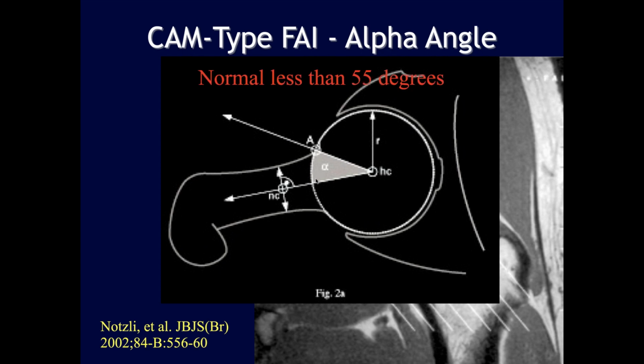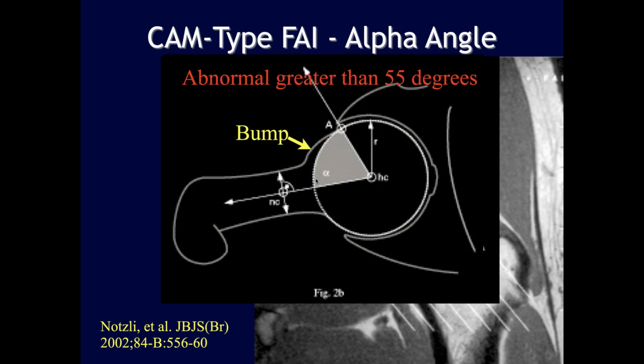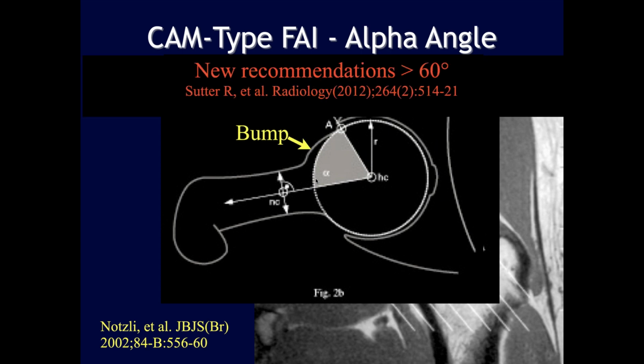Originally, it was thought that normal was less than 55 degrees, and abnormality was greater than 55 degrees. And then as people started looking at more and more individuals, they found that if you use 55 degrees, then the majority of the people who you will measure who will have abnormal alpha angles will be asymptomatic individuals. So this is probably too sensitive and not specific enough. So most people now use 65 degrees as an abnormality.